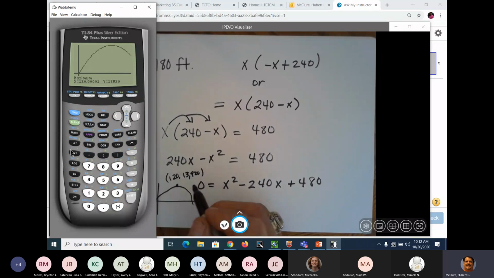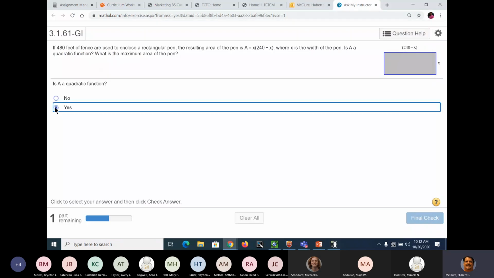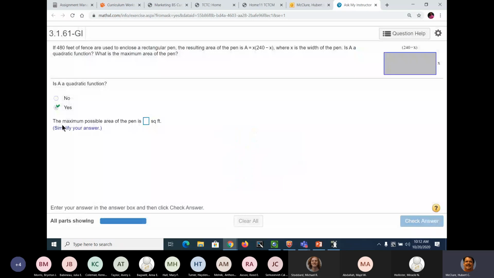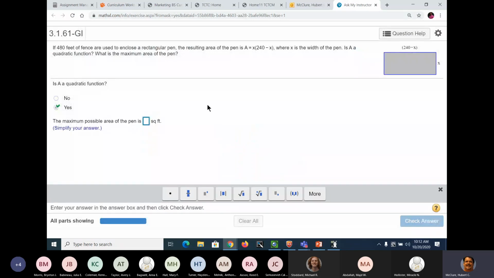That's your vertex. So let's see what the question's asking. Is this a quadratic? Yes. The maximum possible area of the pen would be 13,920.